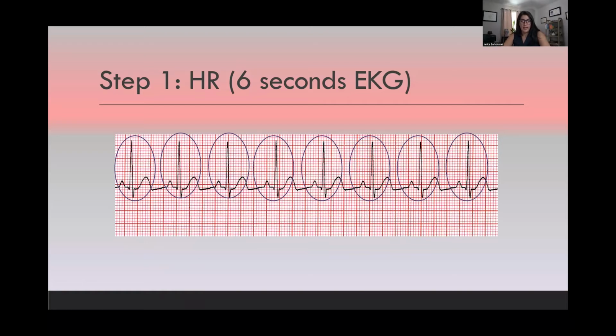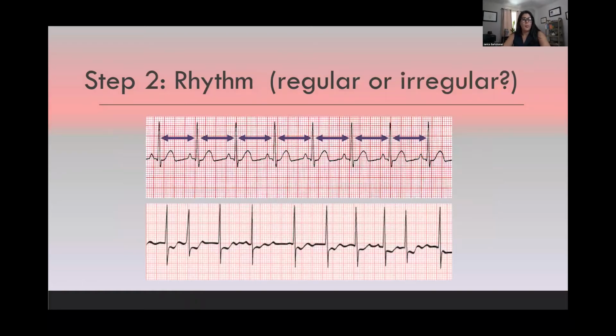Okay, the next step is to know if it's regular or irregular. When you think about rhythm, if it's regular or irregular, think about military soldiers marching. They always march at the same speed and the same length, and so they look uniform. The same thing applies with these QRSs and rhythms.